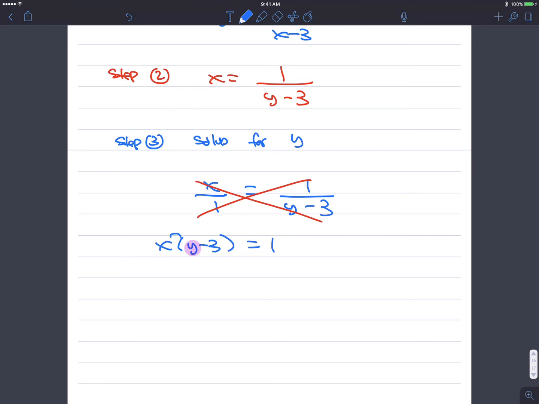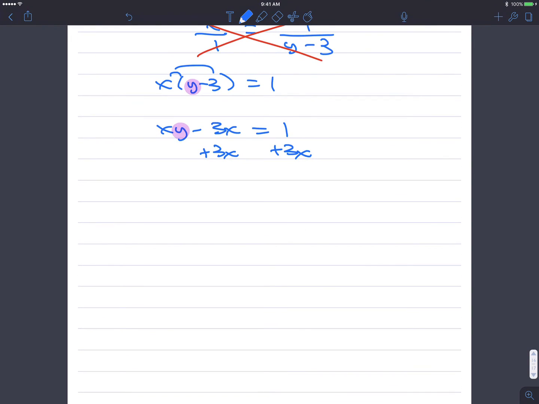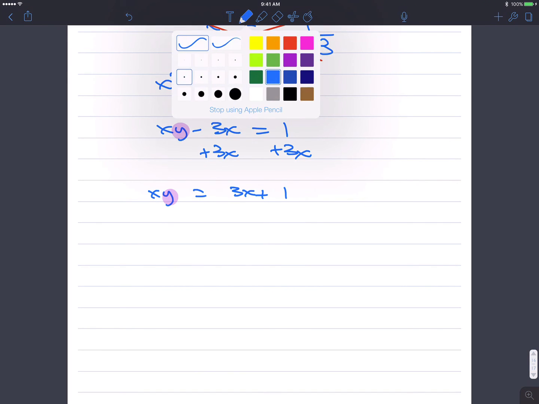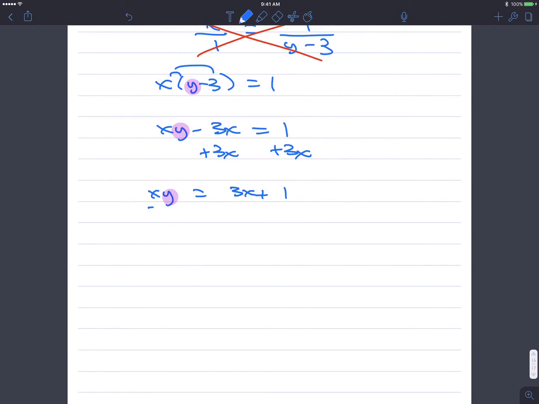Here's what you guys do. Distribute. xy minus 3x is 1. I'm solving for y. Add your 3x to both sides. You get xy equal to 3x plus 1. Can you solve this for y? What do you do now? Good, you divide by x.